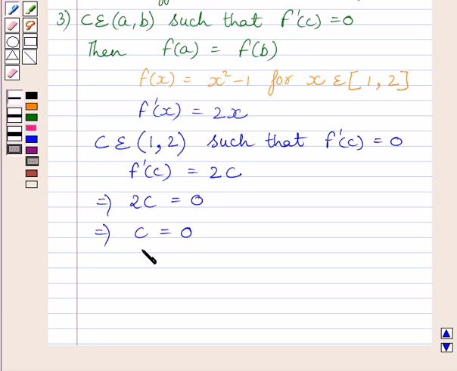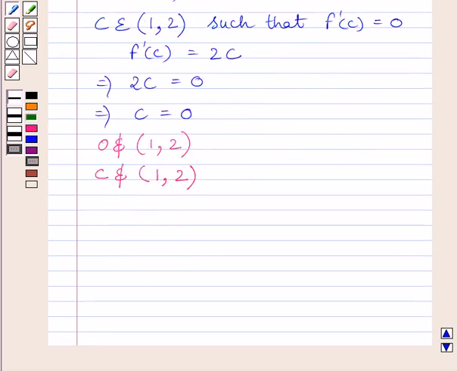Now clearly we can see 0 does not belong to open interval 1 to 2, or we can say c does not belong to open interval 1 to 2. Now since c does not belong to open interval 1 to 2, f(a) is not equal to f(b), or we can say f(1) is not equal to f(2).